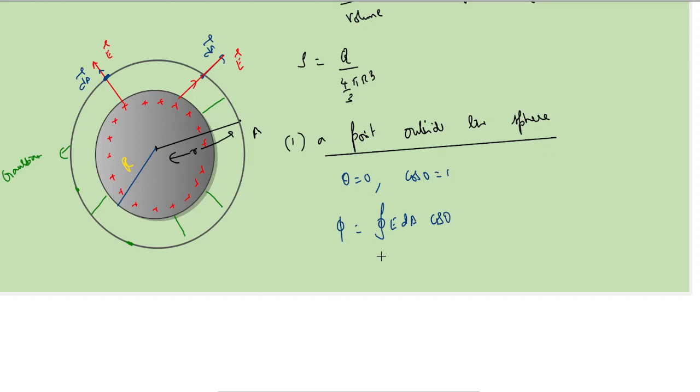That would mean that from this integration E comes out, and what remains is the closed integral of dA, because here cos theta is equal to 1.